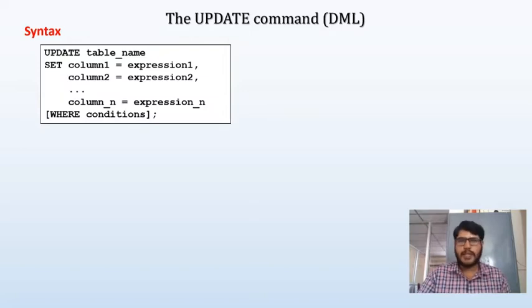I repeat once again, the update command is used to update the existing record. We are using the update keyword here. After this, we are going to specify the table name. After this, the set keyword, column name, equal to operator, expression or value.